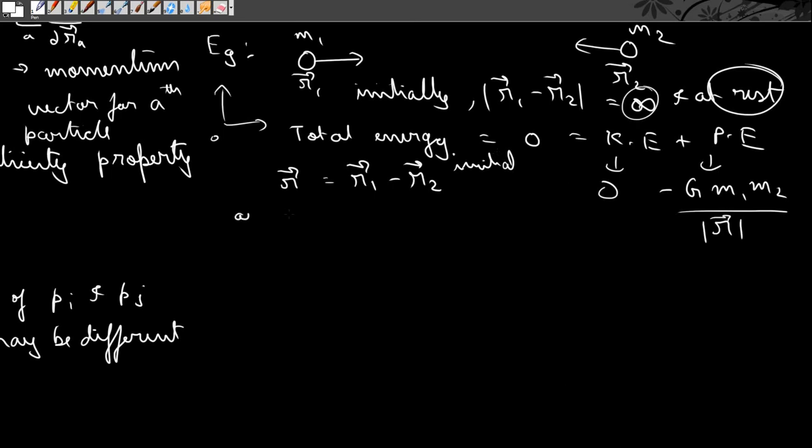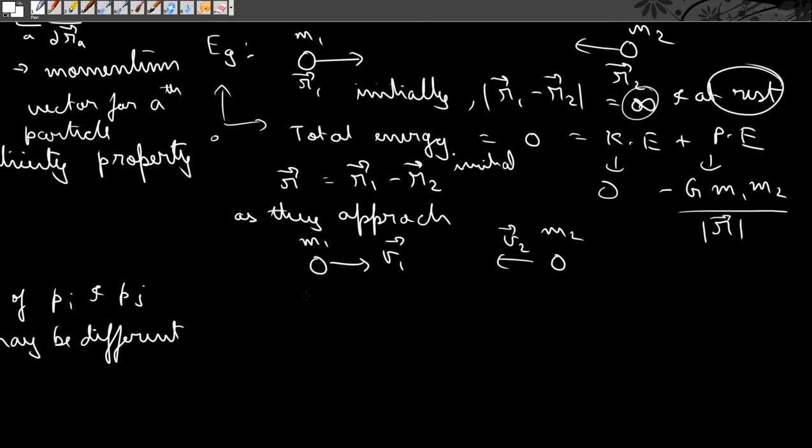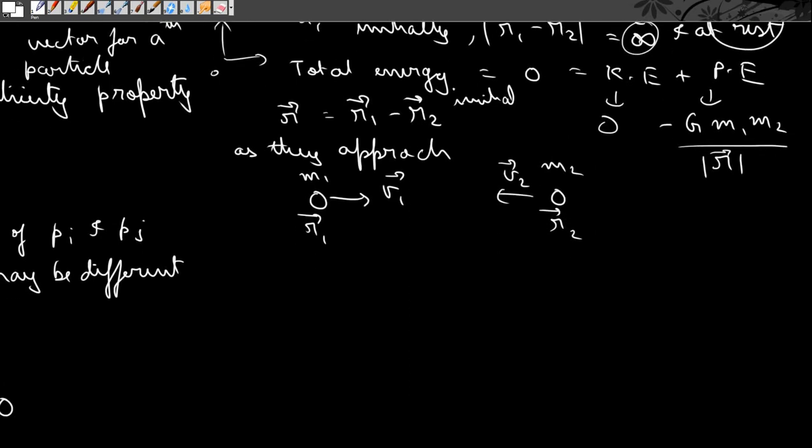Let us see what will happen as they approach each other. We will have m1 going with velocity v1 and m2 going with velocity v2, with positions represented by r1 and r2. Then what is going to happen for the energy and for the momentum? The Lagrangian for the individual particles is of the form T minus U. For particle 1, the kinetic energy is half m1 v1 square.